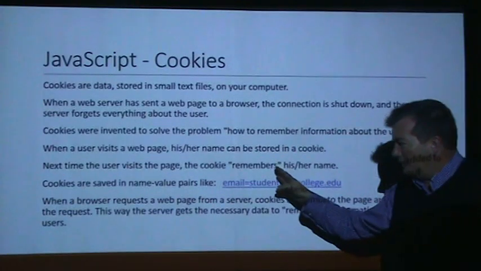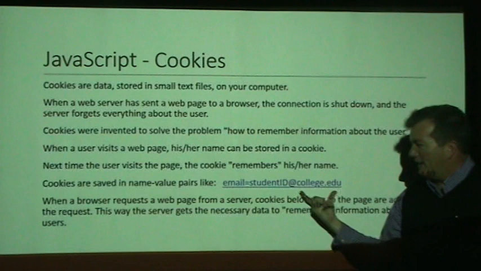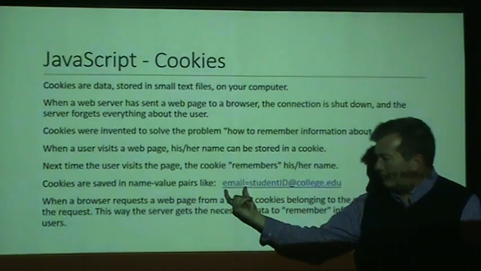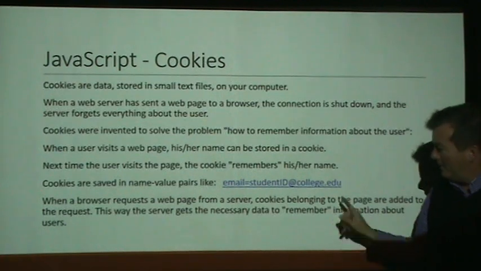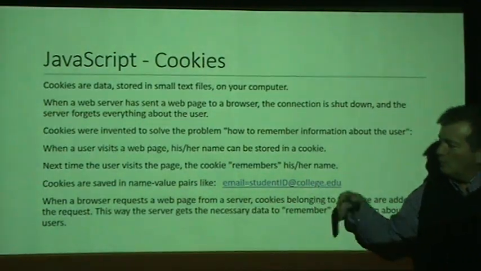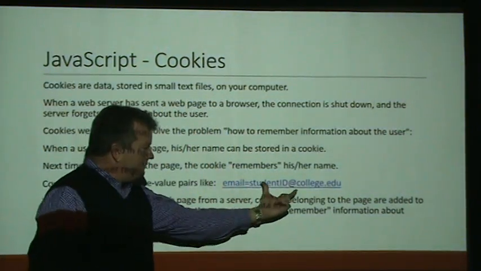So cookies can be set, they're always a pair, so it's basically a field equal to a value. So we could say the email field is equal to student ID at college.edu. And we'd remember this pair. All the cookies really are is a set of pairs, fields and values.